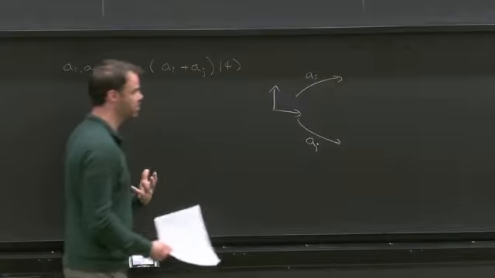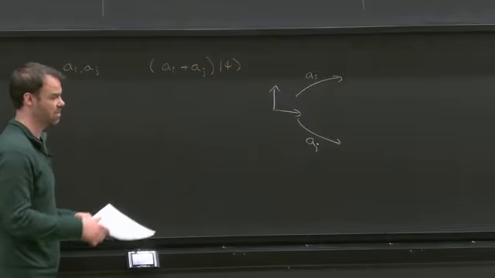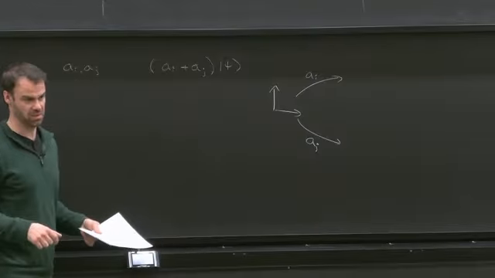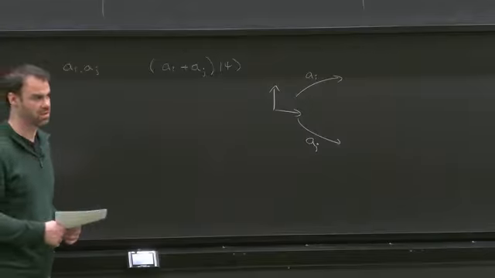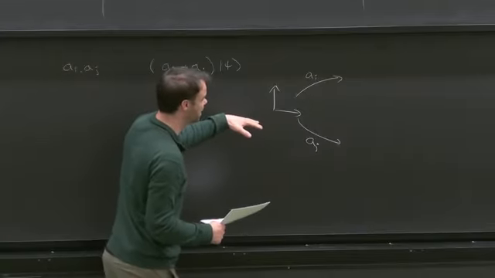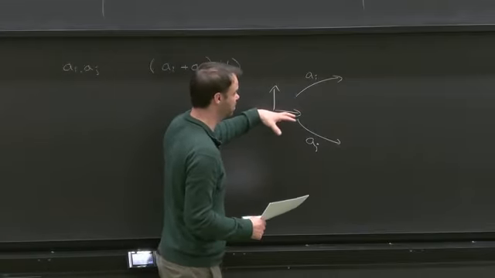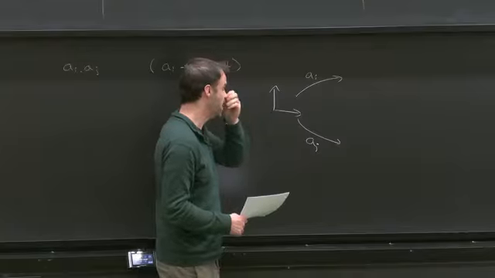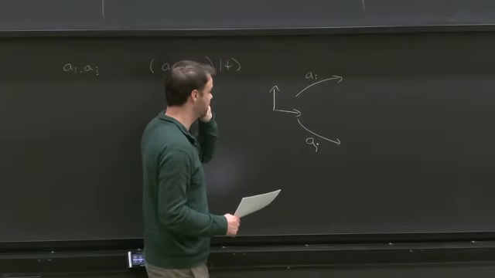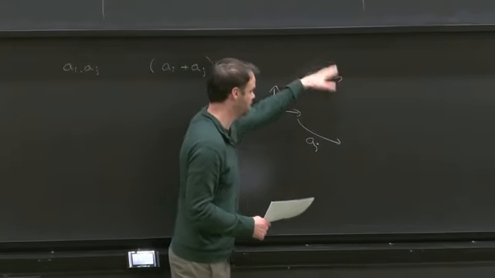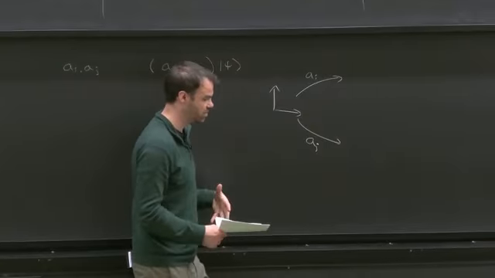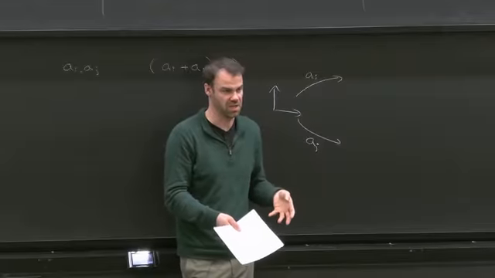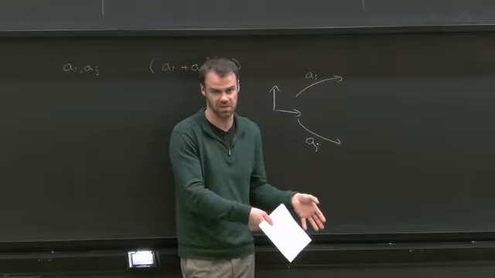Then my error correction procedure is going to look like I measure these projectors that tell me which of these subspaces I'm in. When I went into just one of them at a time, that measurement didn't change the state at all. It just told me which subspace I went into. Now it's going to collapse that superposition, so it is going to change the state, and you're going to end up in one of the subspaces.